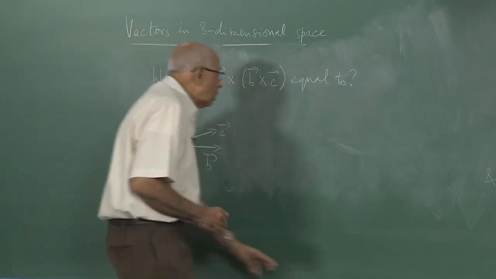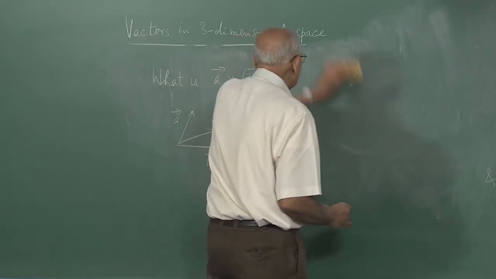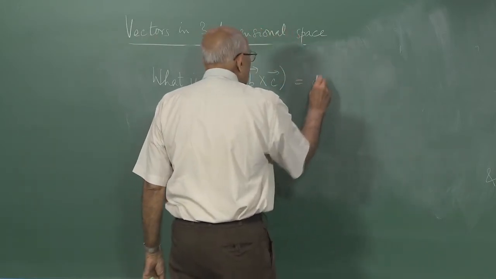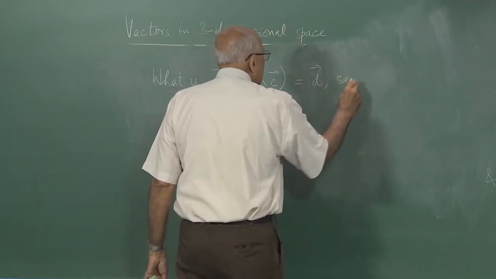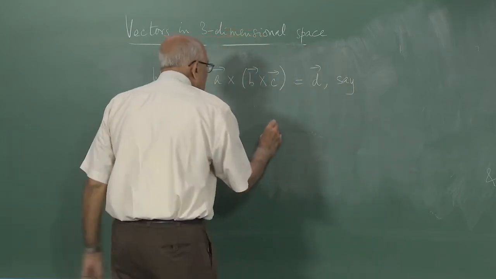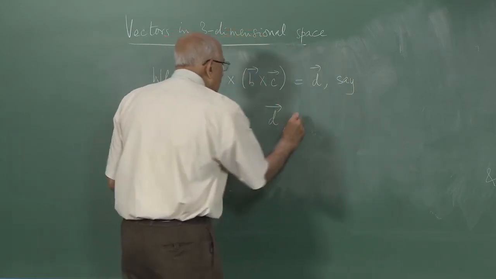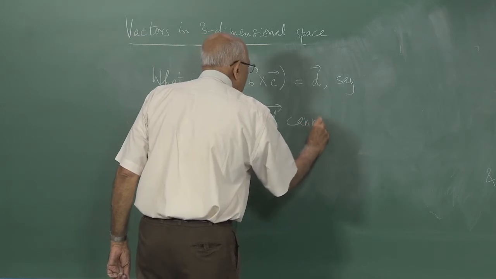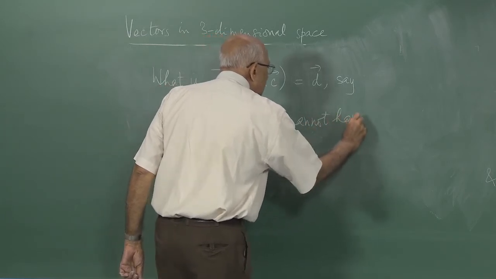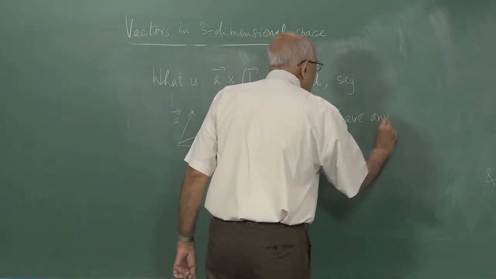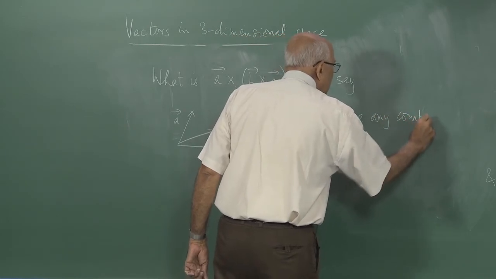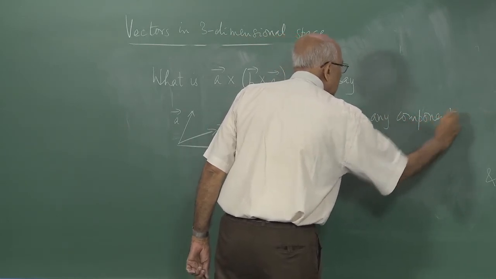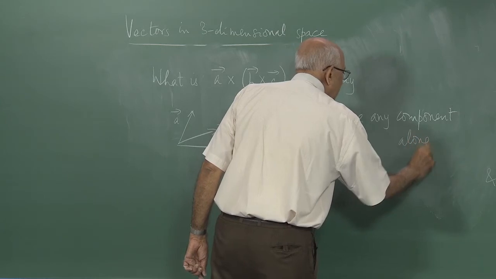Let us therefore call this vector D, and the argument is that D cannot have any component in the direction of A.